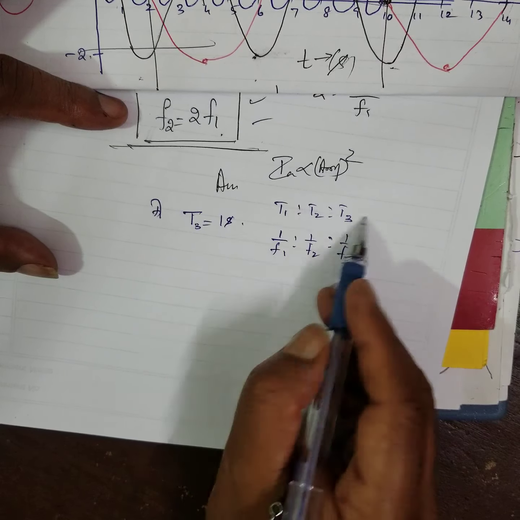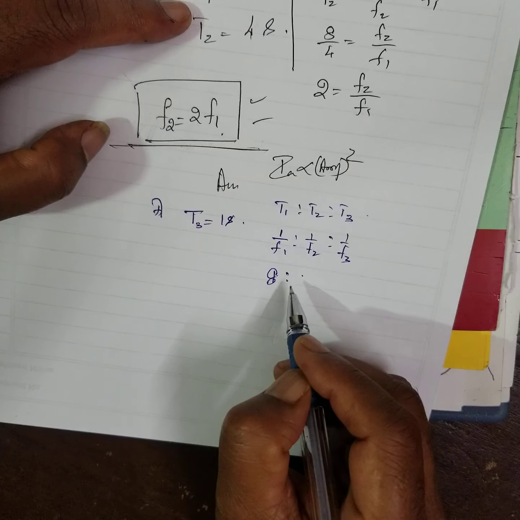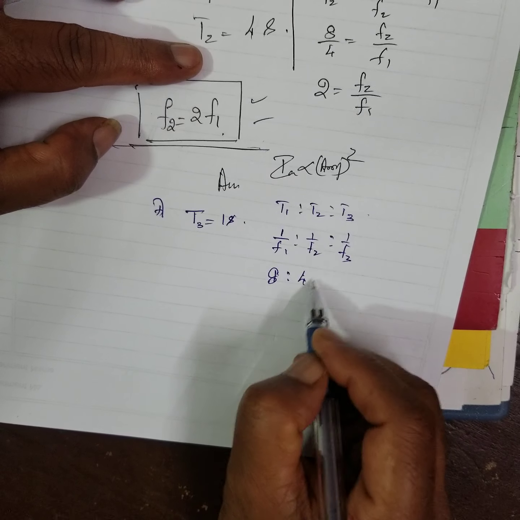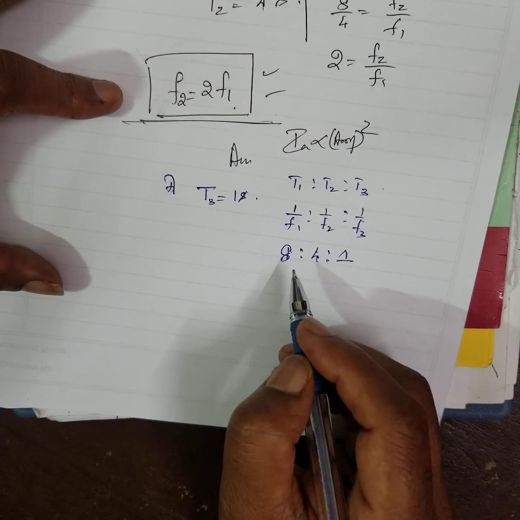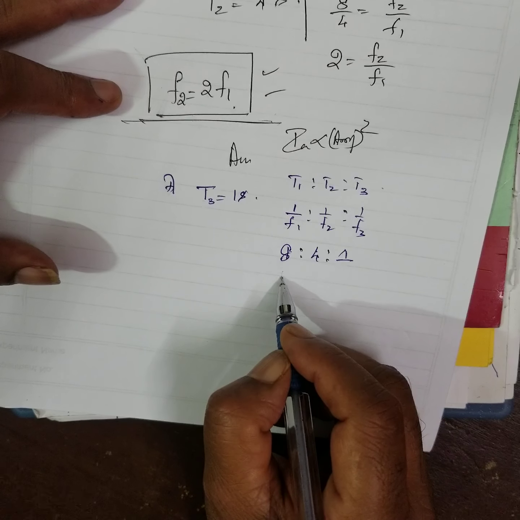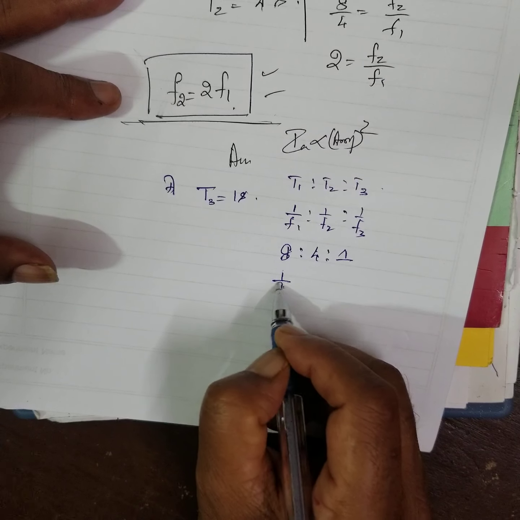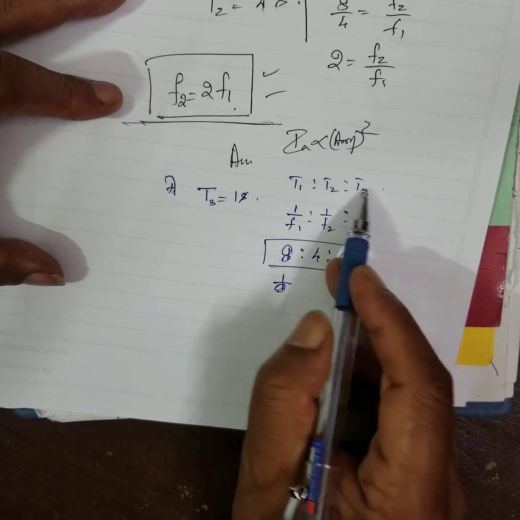That means T1 is 8, T2 is 4, T3 is 1. So 8 is to 4 is to 1.